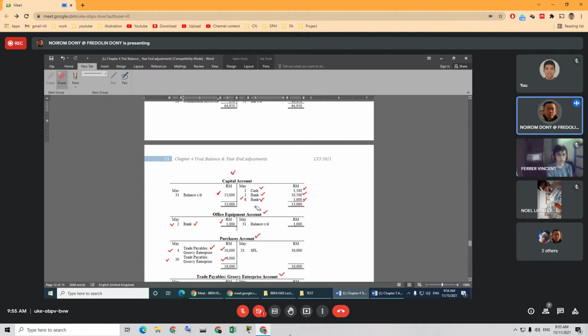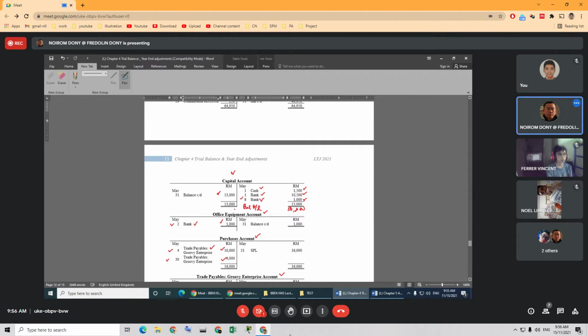Okay, balance brought down, 13,000. So this is a credit balance. Why credit balance? Because total credit is more than the debit side.